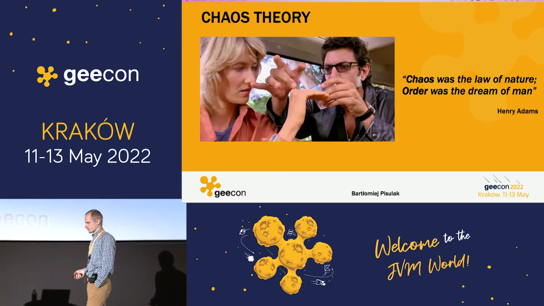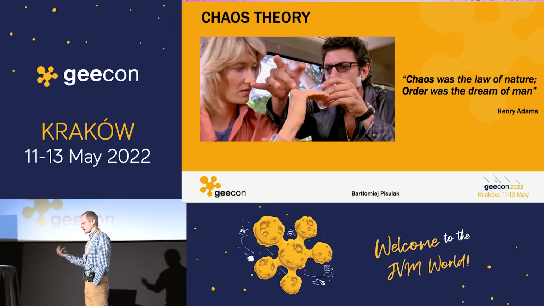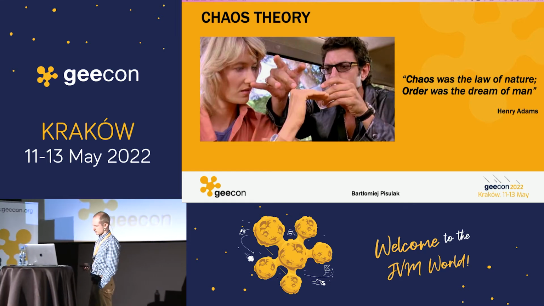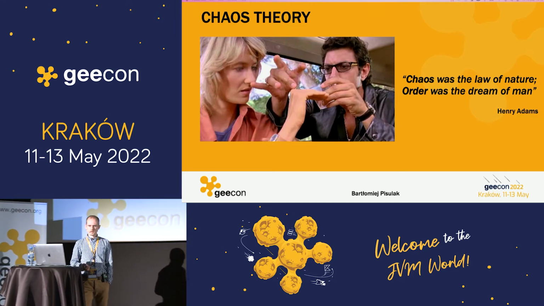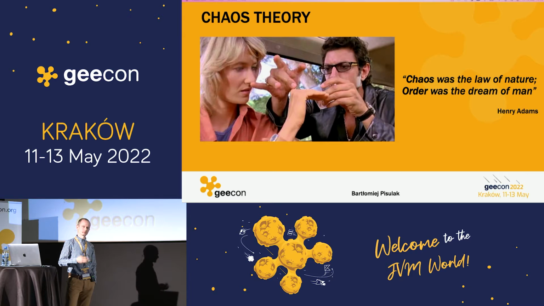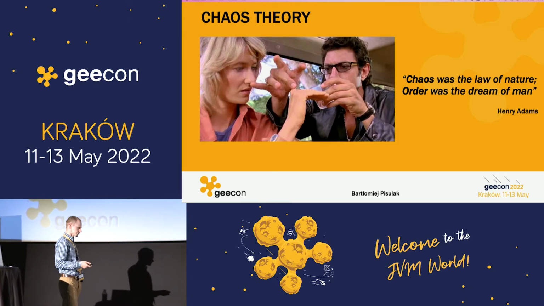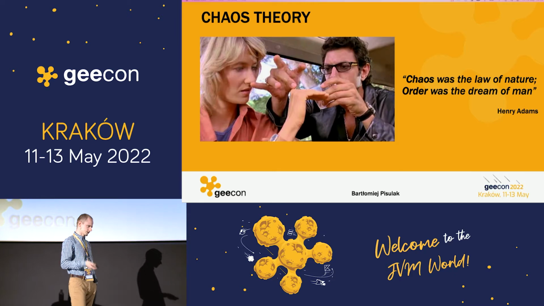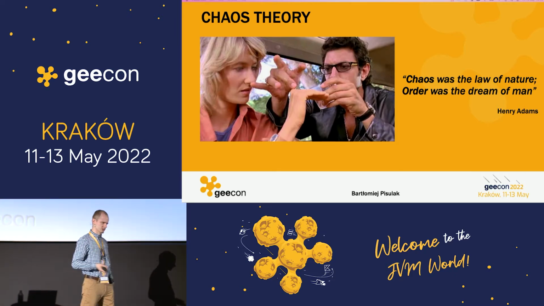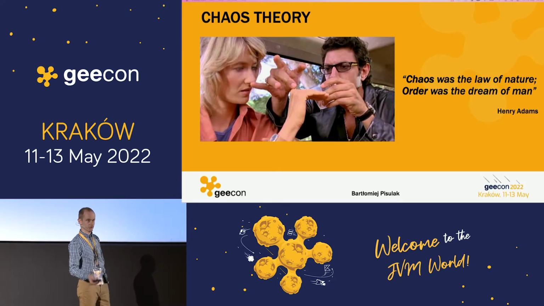We won't be talking about equations, things like that, but there is a guy called Edward Lorenz who was working on predictive models of weather. And he came up with a very great term that you might have heard already. There is also a movie with the same title called Butterfly Effect.